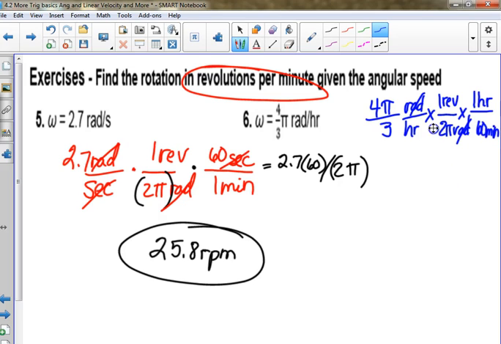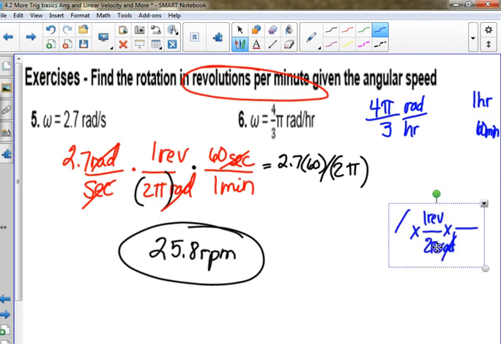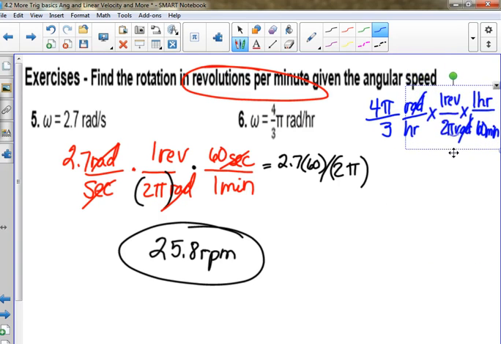I don't know if I can move all that, guys. Nope. I wrote really small over there. Can you see it? All right, so I have 4 pi over 3. The hours drops out. Then I have a 2 pi down here. The radians dropped out. And I have a 60 to get to minutes, right?